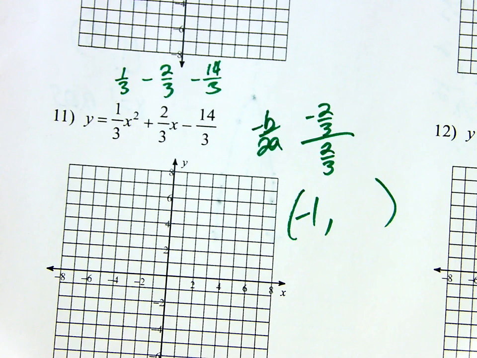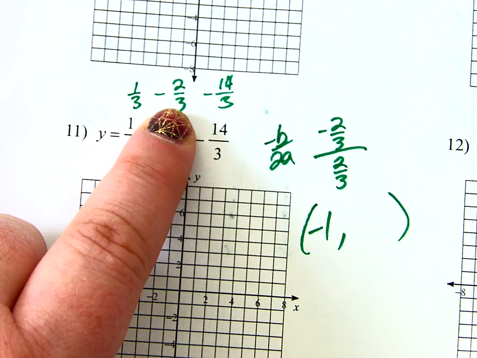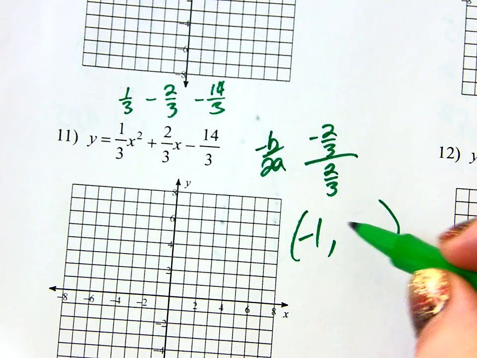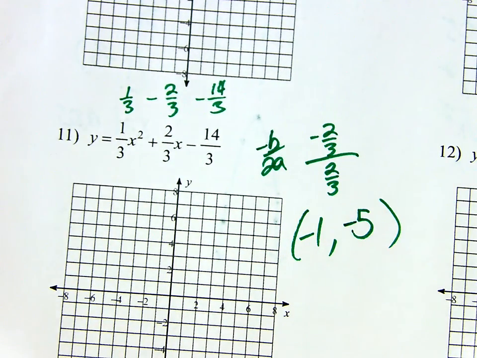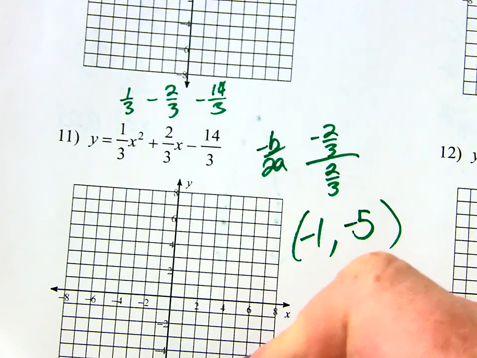Nope. 1 minus 2 is -1, right? -1 minus 14 is -15/3. Just -5. No, you're right with the negative. Just -5. Oh, this isn't so bad at all. -1, -5. There you are.